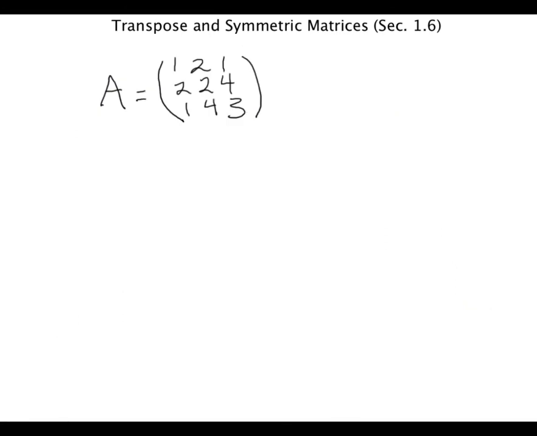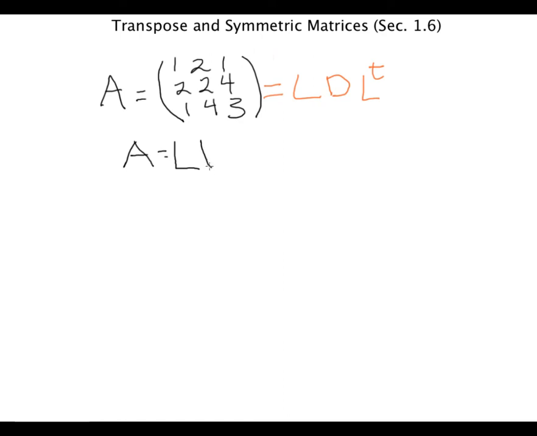Okay, so let's illustrate the procedure for finding this, I want to write this as L, D, L transpose. This is the LDL transpose decomposition of this symmetric matrix. So how do you do this? Well, the first thing that you do is just the old-fashioned find A is equal to LU.